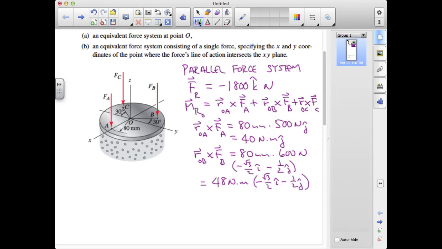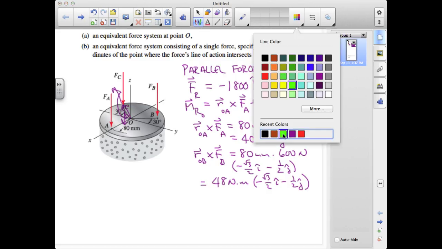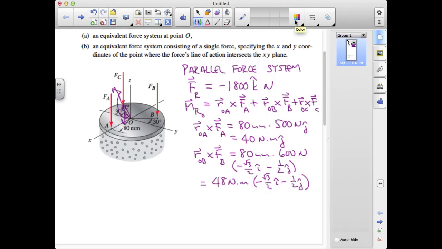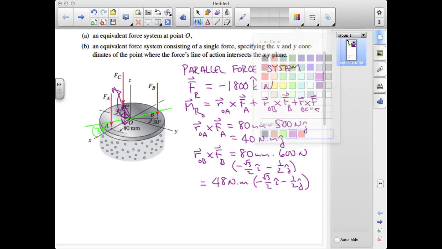Now finally we have the contribution from F_C. Here's our position vector from O to C. If I slide this out again, this one is maybe a little harder to see because of the perspective view, but if I cross that r into that force, I'm going to end up with a line of action that makes another 30-degree angle off the x-axis in this direction, and the nature of the cross is such that that moment from that r cross F is going to point in this direction, so it will have a positive i and a negative j component.